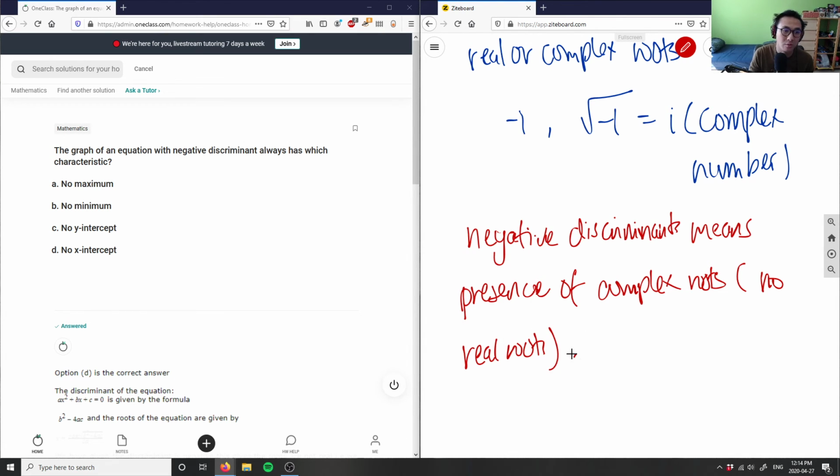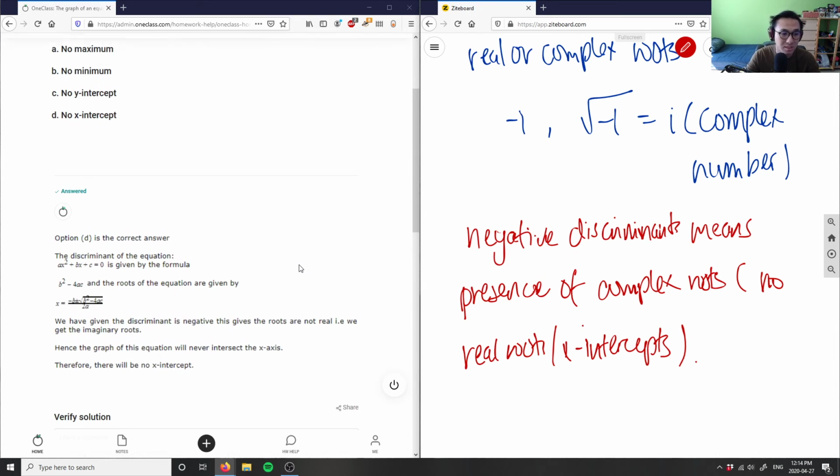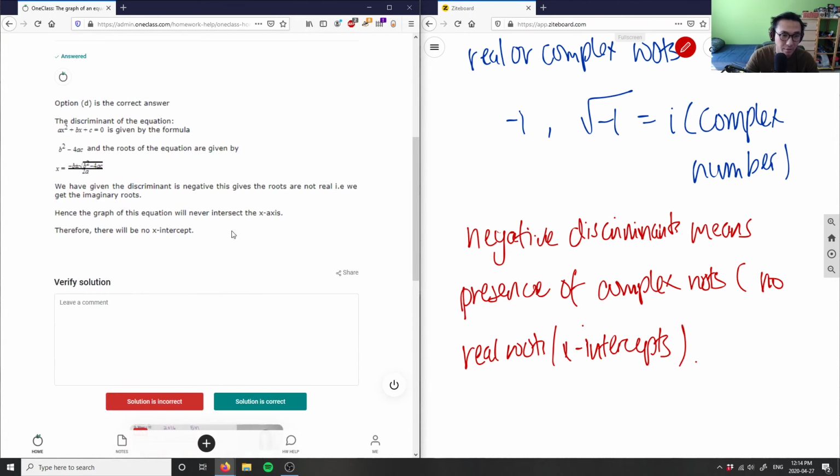So there are no x-intercepts, or no real x-intercepts here. There's something in the complex plane, but not in the real plane. Don't worry about complex numbers, that's much higher level math. Basically, it's just saying that there are no real roots in this case, which means option D is the correct answer. So you get imaginary roots, like stated here. Therefore, no x-intercept. Great solution and analysis. So the solution here is correct.